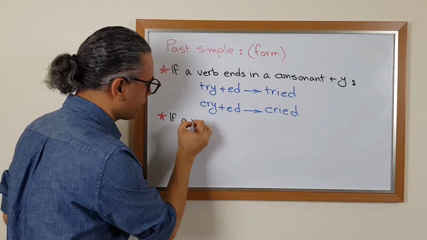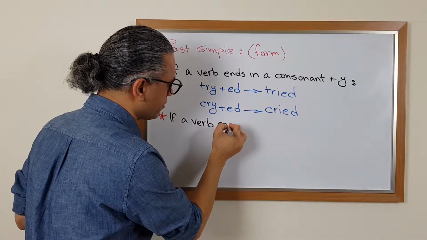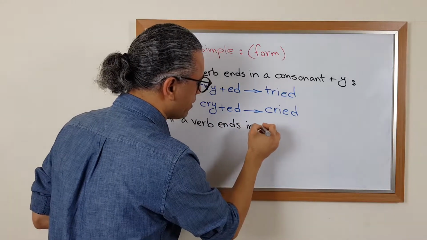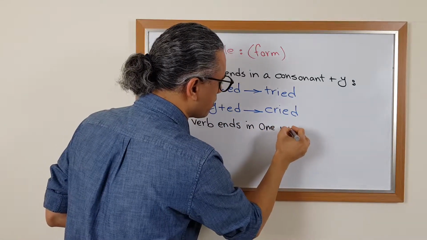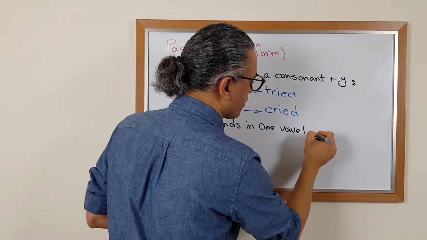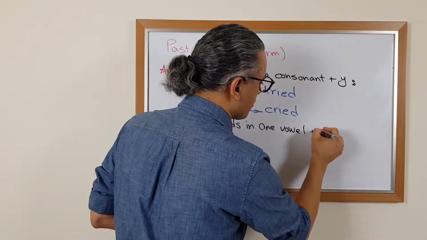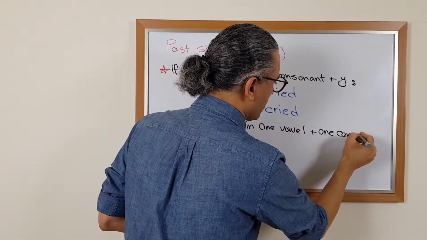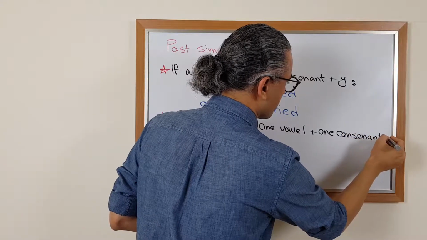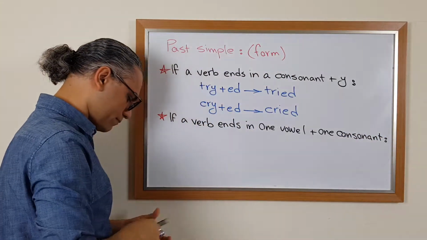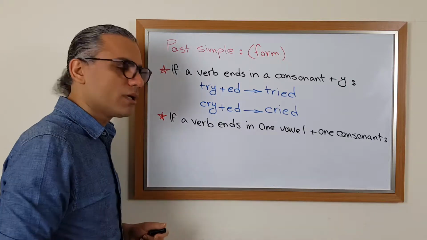If a verb ends in one vowel plus one consonant, we double the consonant.